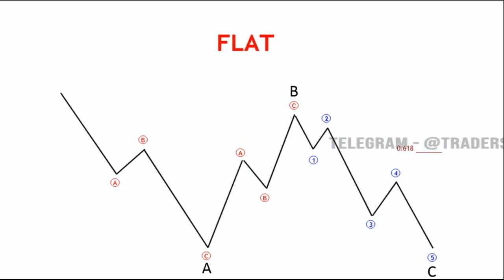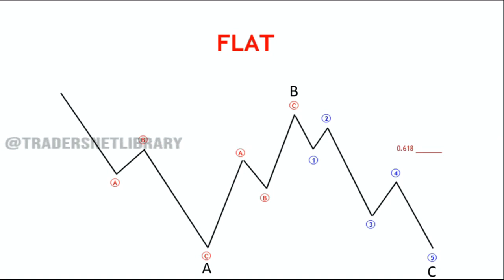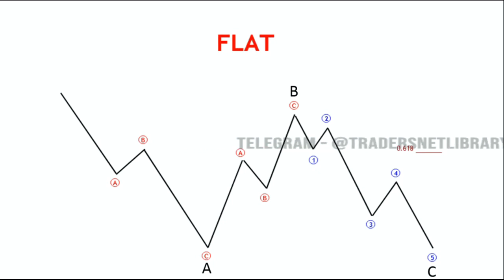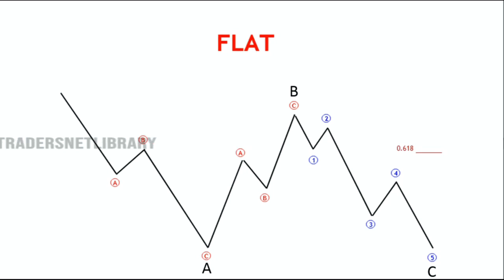The flat pattern has 3 waves: wave A, wave B and wave C. It has a structure of 3-3-5, which means that wave A has a 3-wave structure, wave B has a 3-wave structure, and wave C has a 5-wave structure.